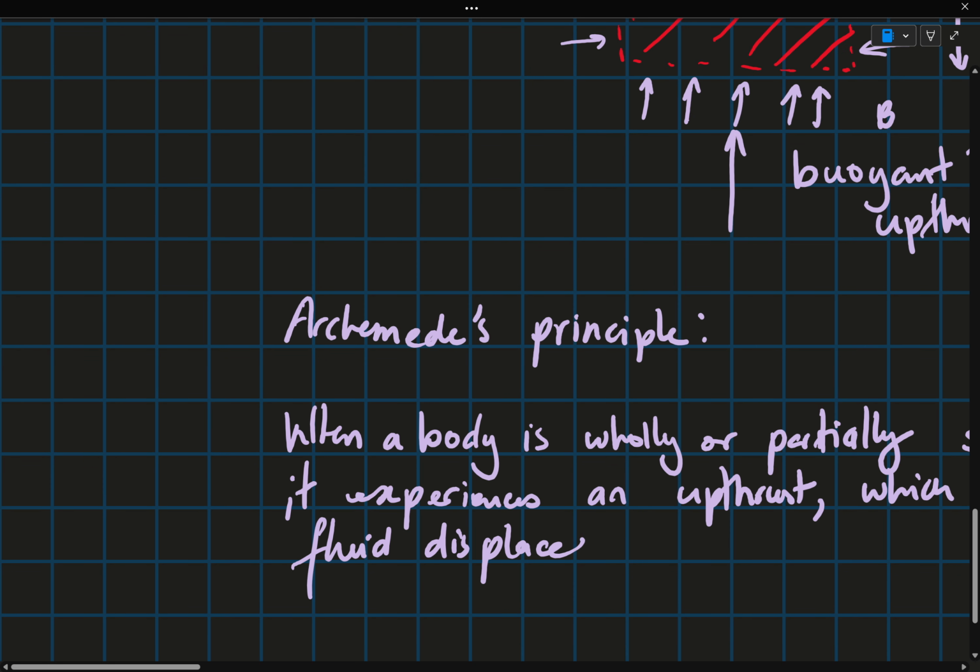So when the body floats in a liquid, the weight of fluid displaced is equal to the weight of the body.